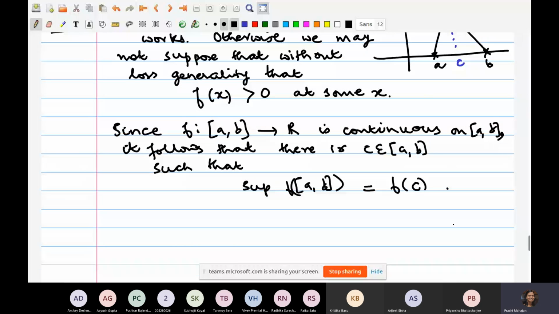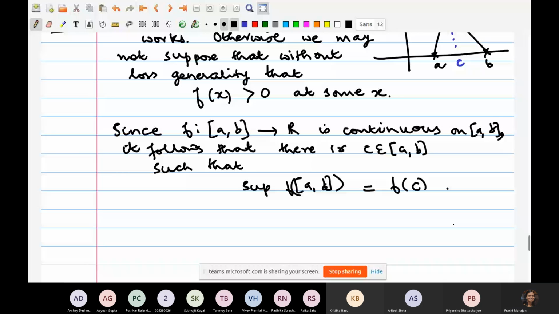Now let's look at f(c). Can c be the endpoint a or the endpoint b? Can that happen? Somebody wants to say something?